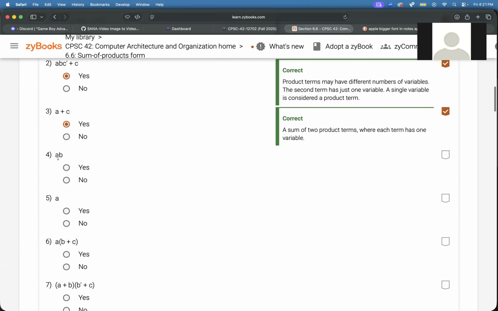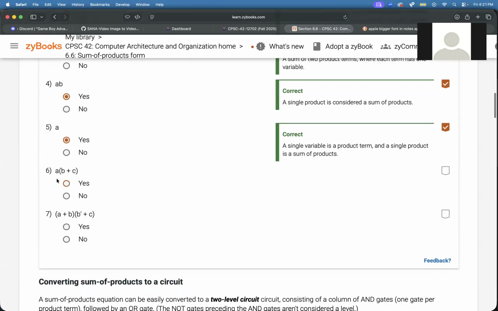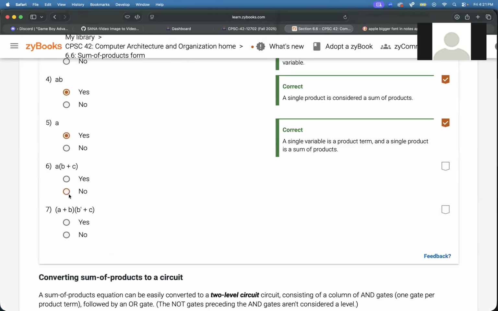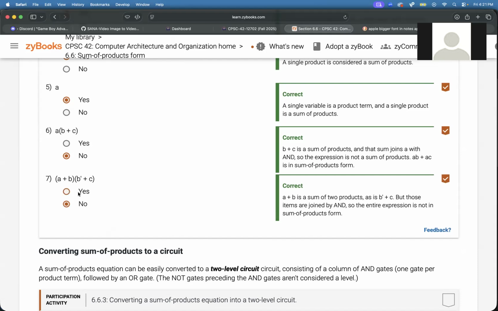This is just a product, but you could still think of that as a sum of products. You could still think of a single variable as being a sum of products. This is not a sum of products. This is a product of a sum, not what we were talking about. This is also a product of two sums. That's different. So that is not a sum of products. Okay.